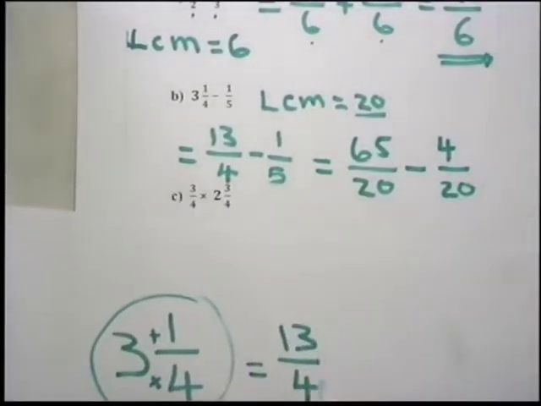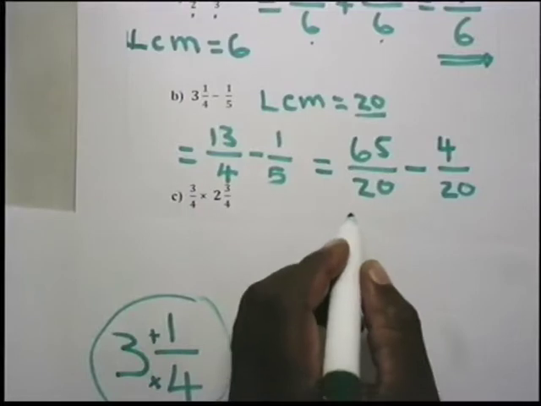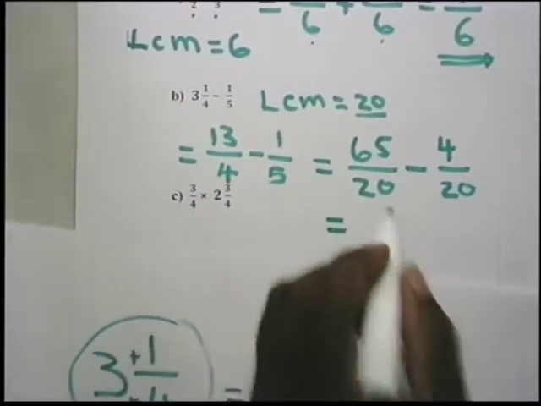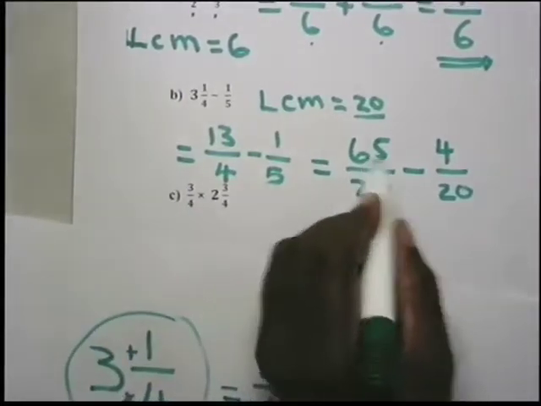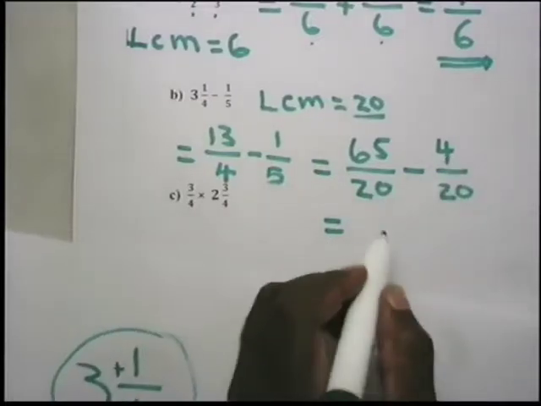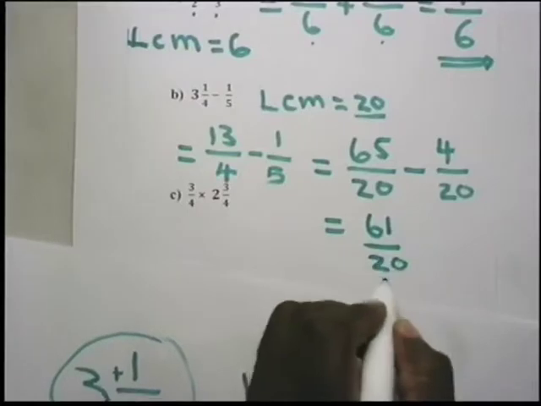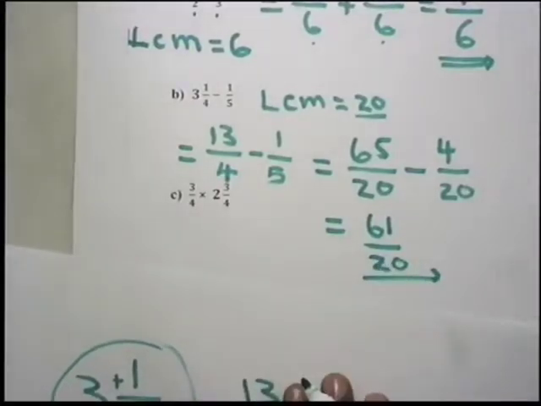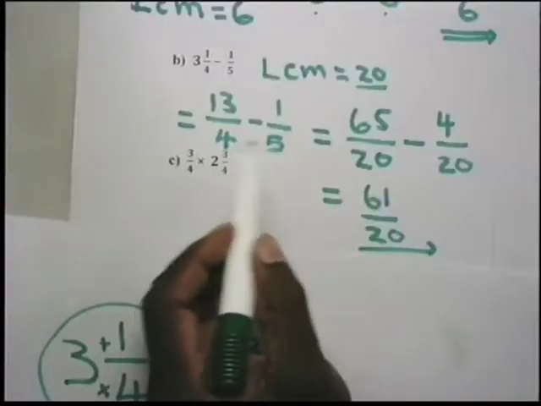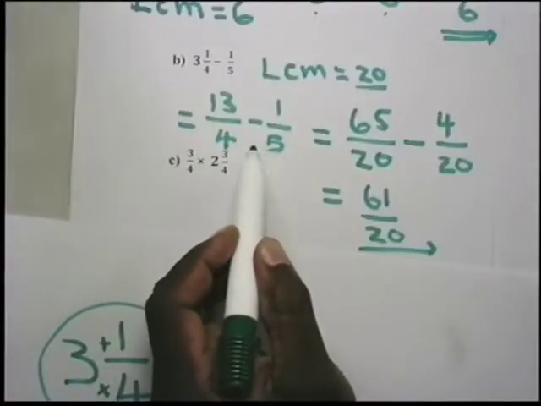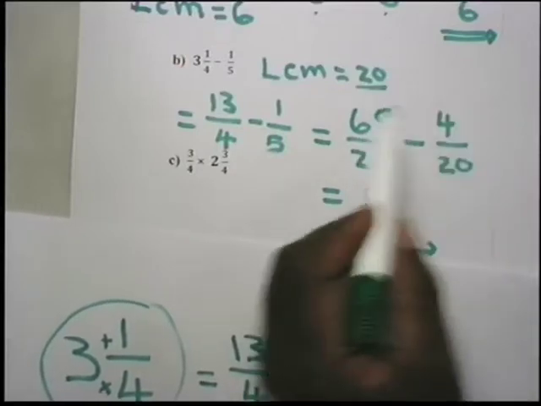So now that would be equated to 65 minus the 4, which equals 61 over 20. So that is our fraction. We don't have to express it as a mixed number or anything. That is good enough if we leave it that way.